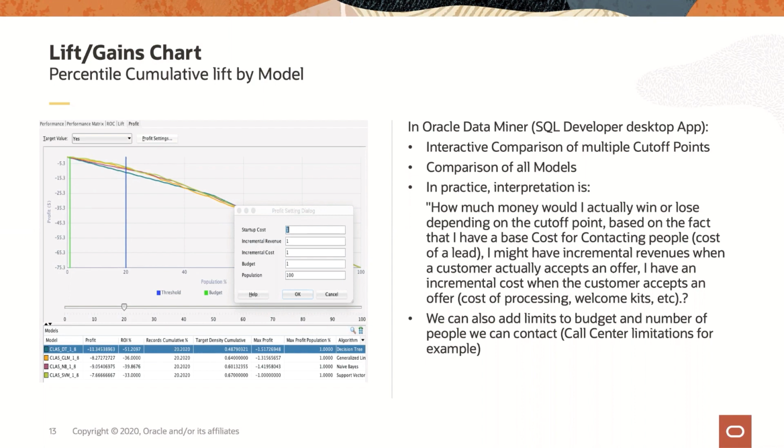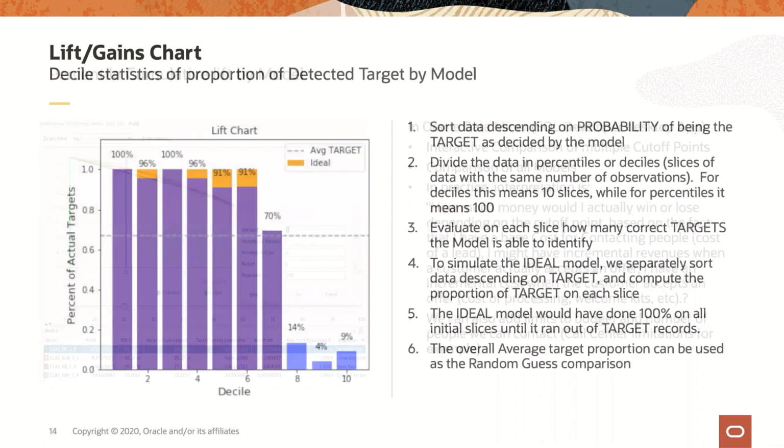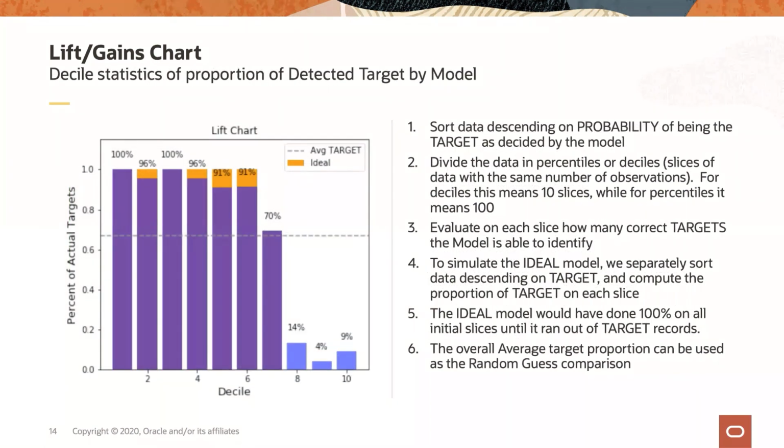So with that said, what I did for our demos and deep dive is I actually did a decile gains chart, or lift chart, for our example. If you remember, the example we were using before was the breast cancer example, whether the cancer was malignant or benign.